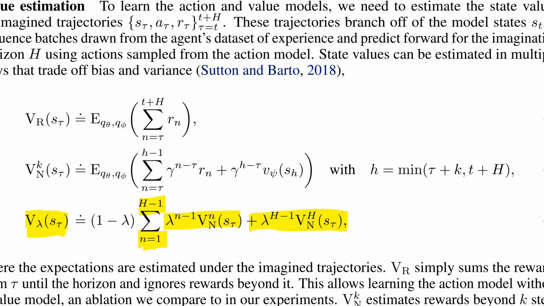Now each of those things, again, here is a sum over this tau here, and the h minus 1. And h here is the minimum of tau plus k and tau plus horizon.